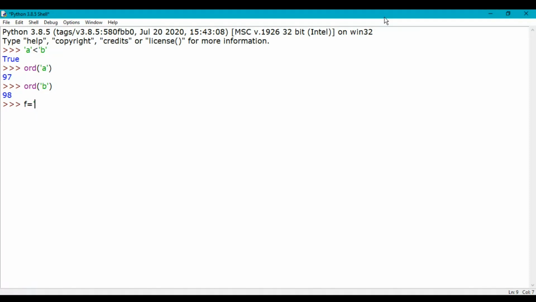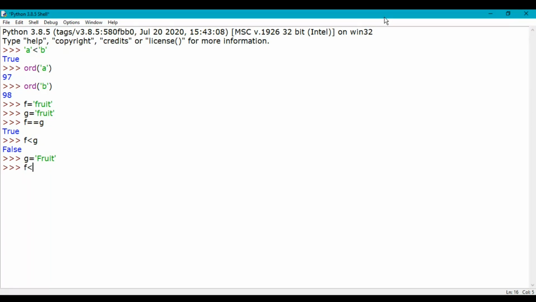Initializing a variable, say f equal to fruit, and another variable g equal to fruit. Now f equal to g, yeah, this is true. If I try f less than g, this is false. Okay, what if this g was capital F-R-U-I-T? So it's the same word, but g is in capital.